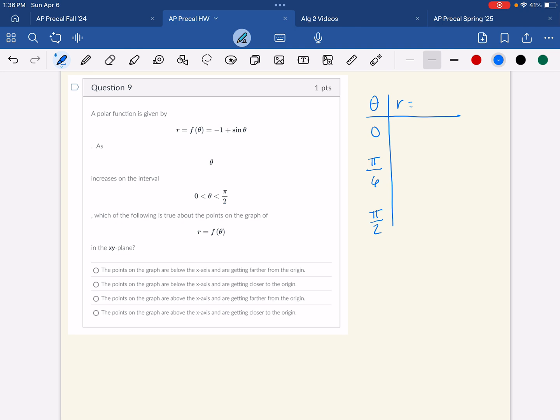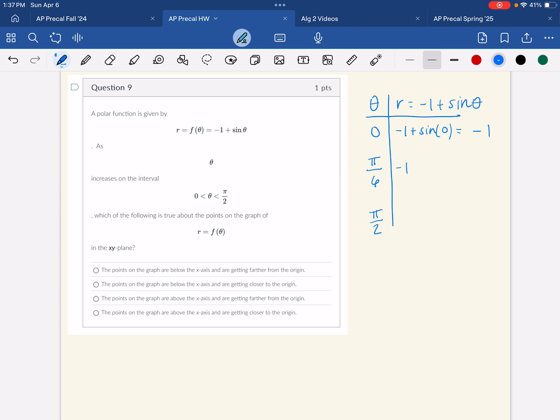And I'm plugging into -1 plus sine theta. All right, so -1 plus the sine at 0 radians. Sine at 0 is 0, so this is -1.